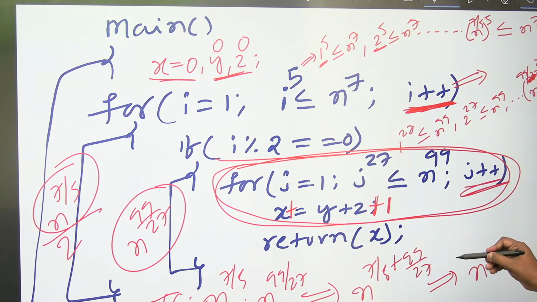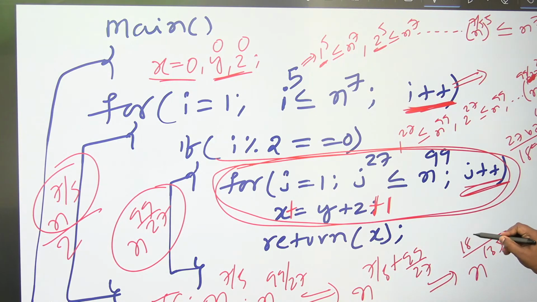So 5 into 27, 5 7s are 35, 5 2s are 10, I think 135. 7 7s are 49, 7 2s are 14, plus 4, 189.